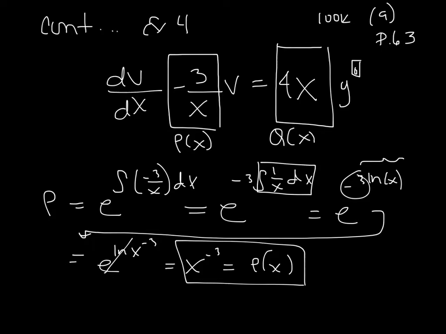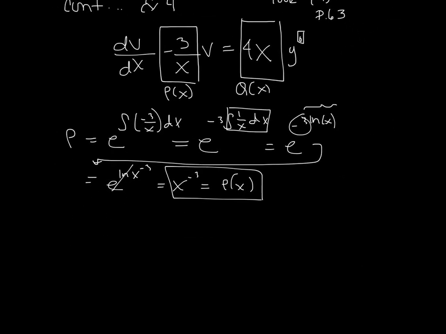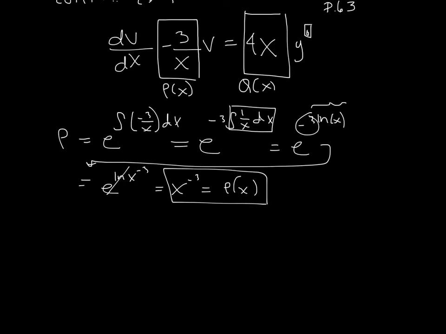Okay, so let's multiply our rho of x to both sides of our differential equation. So this is our rho of x, so I'm really going to multiply x to the -3 times all of this, and of course times the right-hand side.